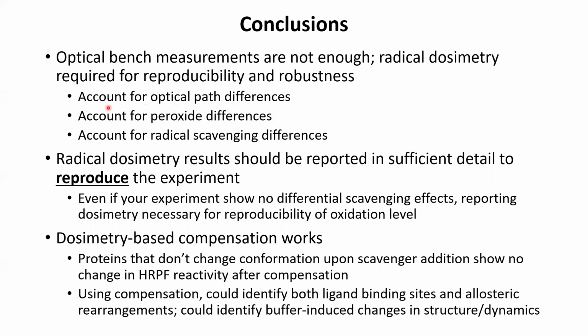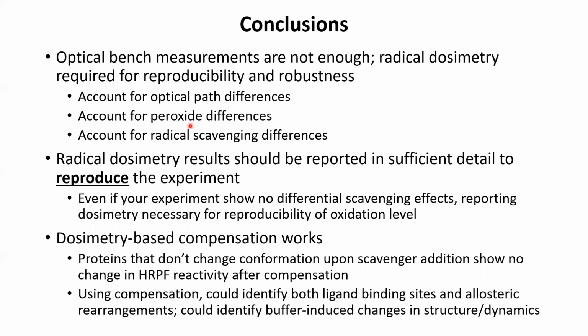There are lots of reasons for this. The first is questions of radical scavenging, which we spent a lot of time talking about today, but those are not the only things that can cause a change in your effective radical concentration. Hydrogen peroxide is a perishable laboratory reagent. It degrades fairly steadily and not incredibly slowly.